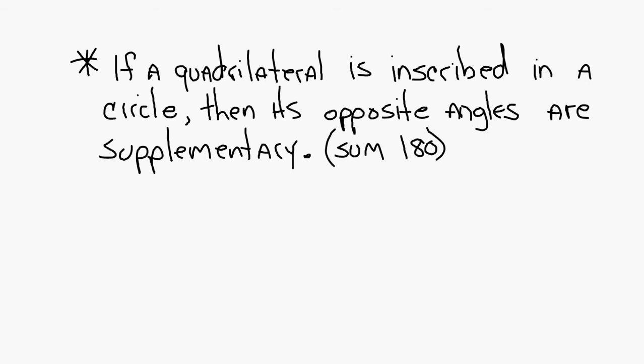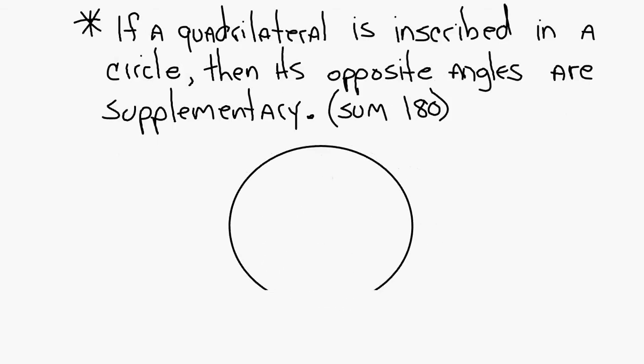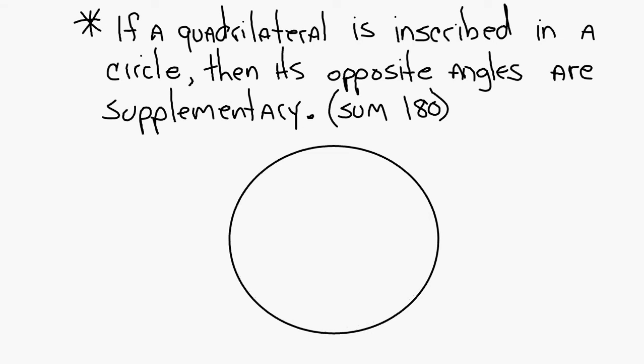If a quadrilateral, that's a four-sided shape, is inscribed in a circle, then its opposite angles are supplementary. So what you do is you take a circle. In that circle, you take a four-sided shape, a quadrilateral.